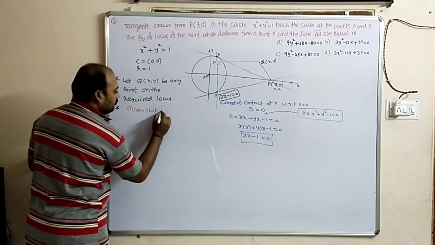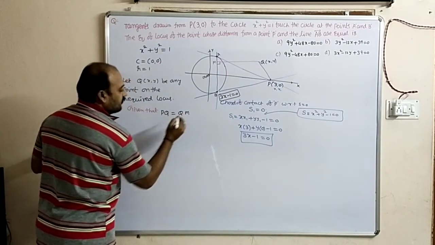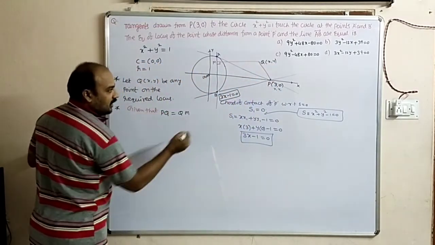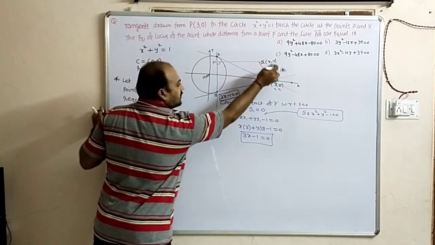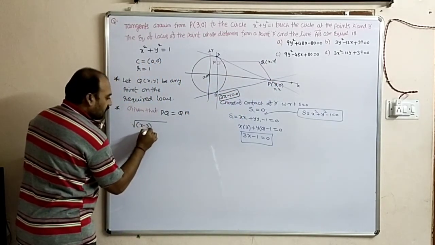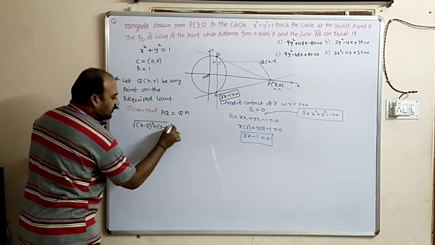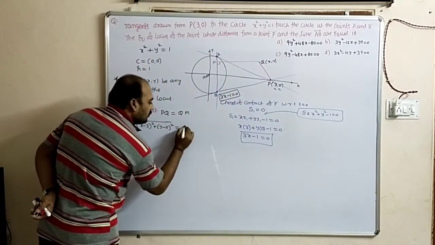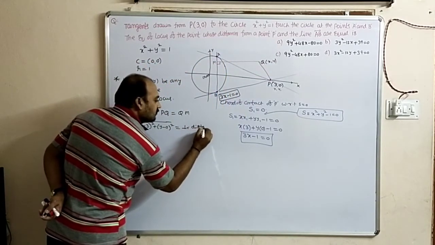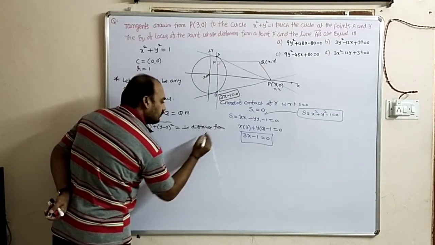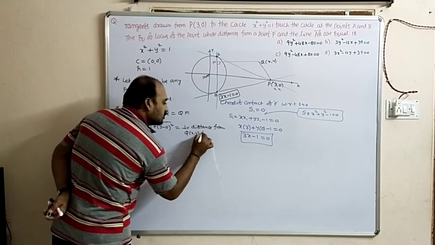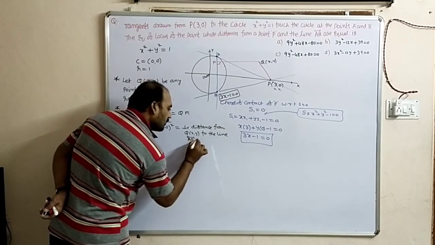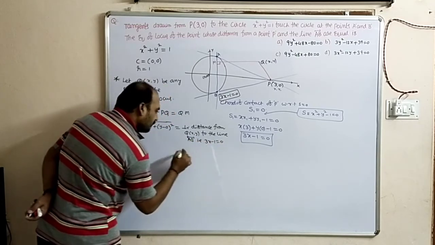PQ equal to QM, that means the distance between these two. PQ is the square root of (x minus 3) whole squared plus (y minus 0) whole squared, equal to QM, the perpendicular distance from (x, y) to the line AB, that is 3x minus 1 equal to 0.